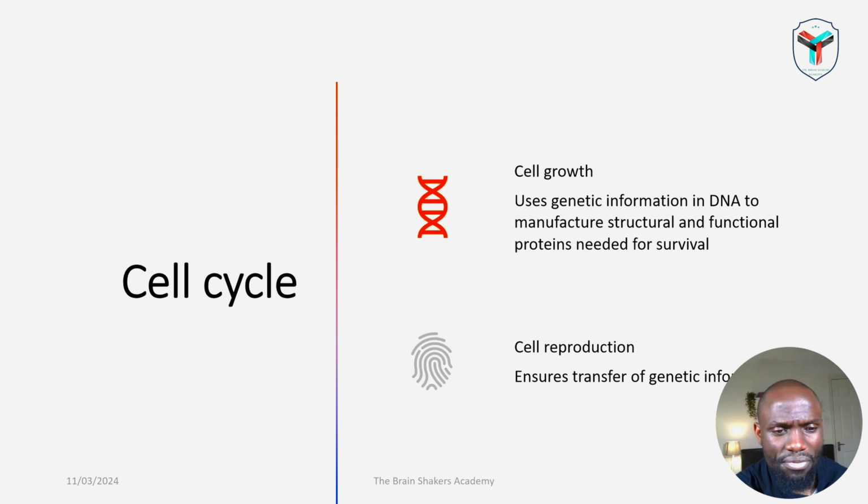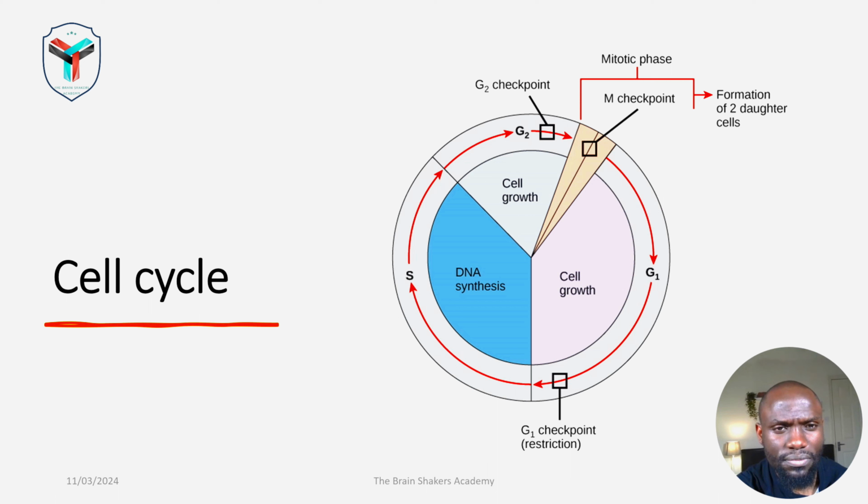Now let's look at some of the phases that the cell that has entered into the cell cycle will have to go through. When we look at this particular diagram, it's going to show us the number of phases that this cell is going to go through. So once a cell has been produced, it starts the cell cycle, it comes into the G1 phase, which is the gap 1 phase.